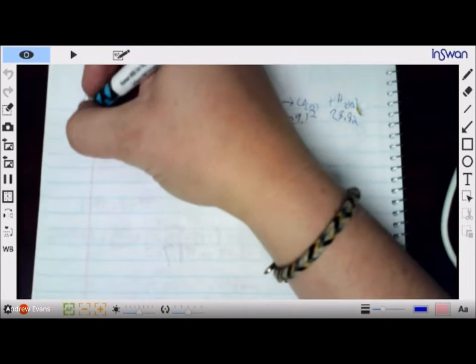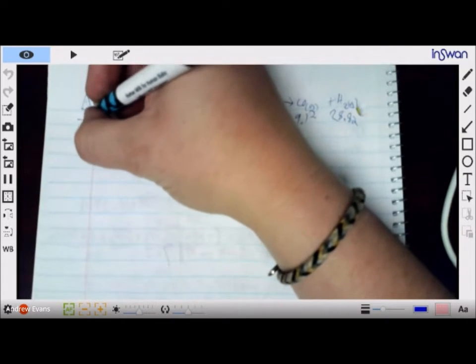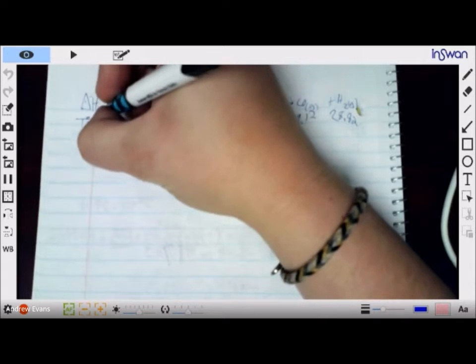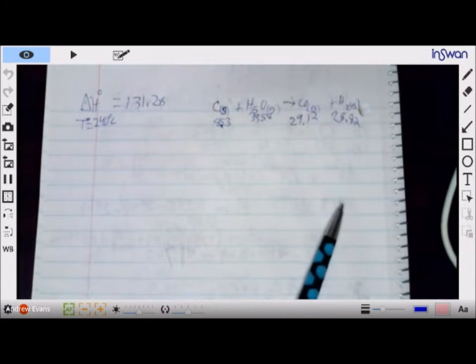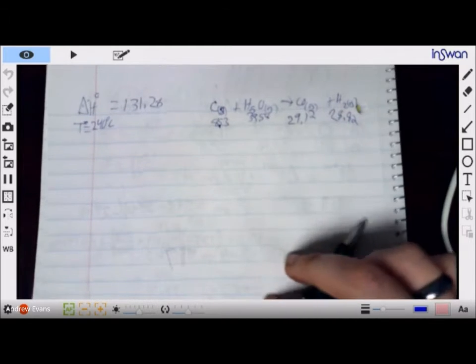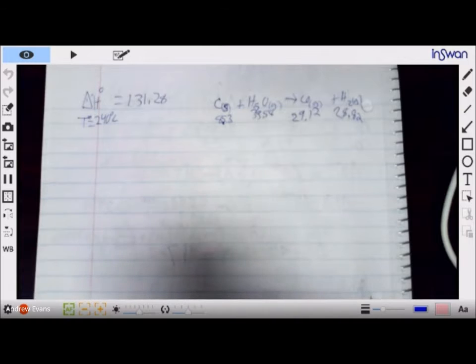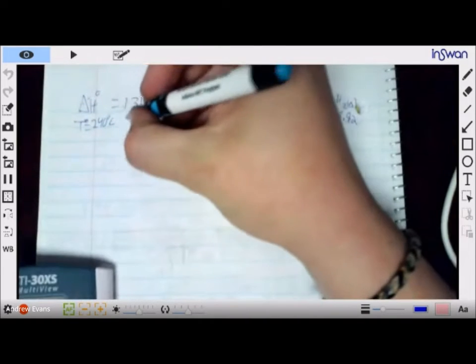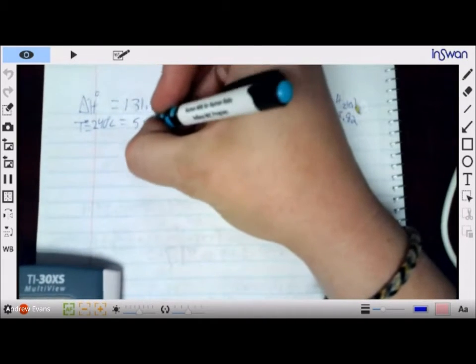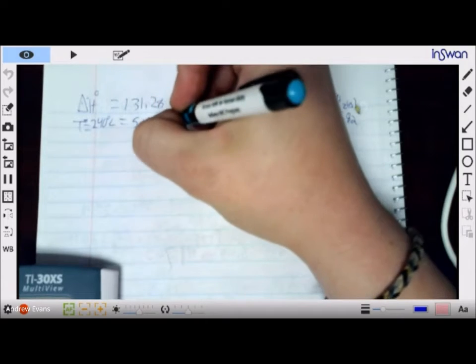So T, we want 240C. So when it says these are independent of temperature, it means we don't have to have a complicated integral equation. We're going to just use the full value. 240 plus 273.15, we're doing this at 513.15.